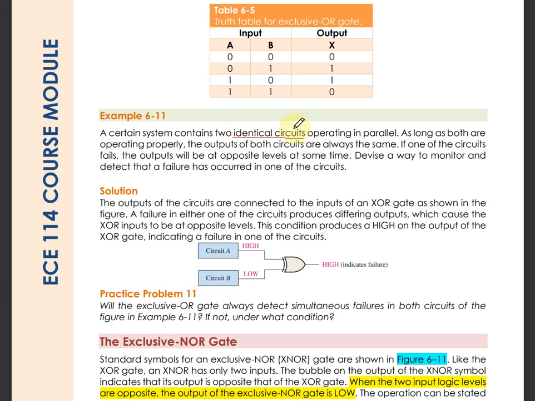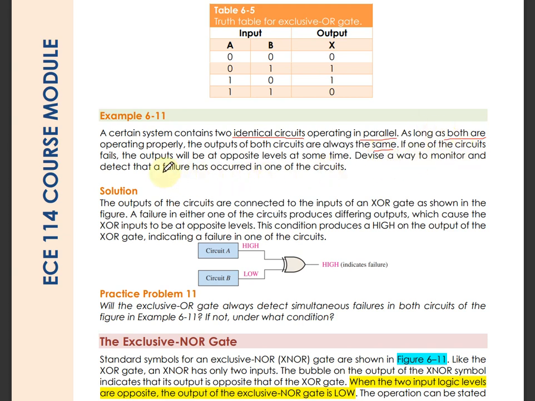Lahi lahi si circuit A sa circuit B, no? So they are operating in parallel. So as long as both are operating properly, then the output of both circuits are always the same, no? Kay parallel man sila. Then kung properly sila nag-execute, then or nag-perform, then ang output is the same, no?